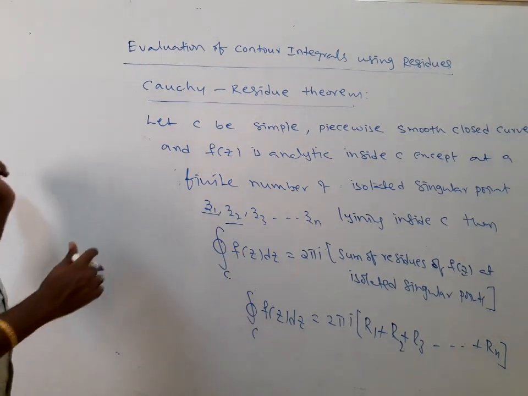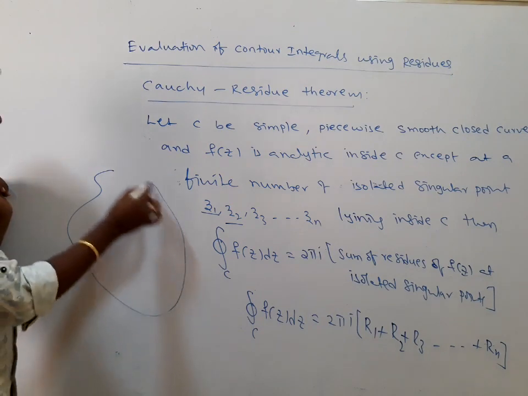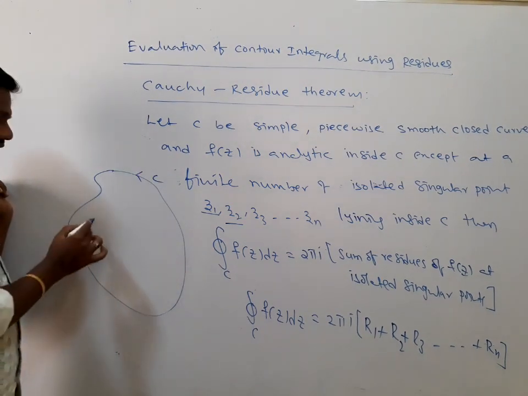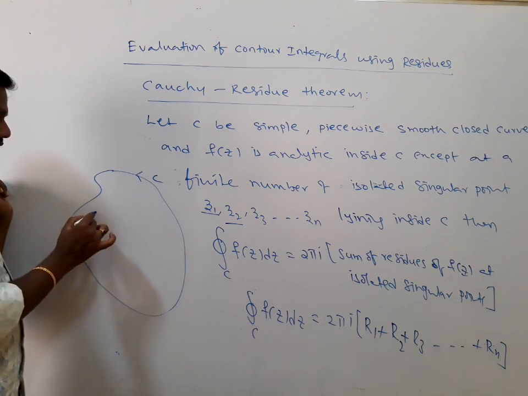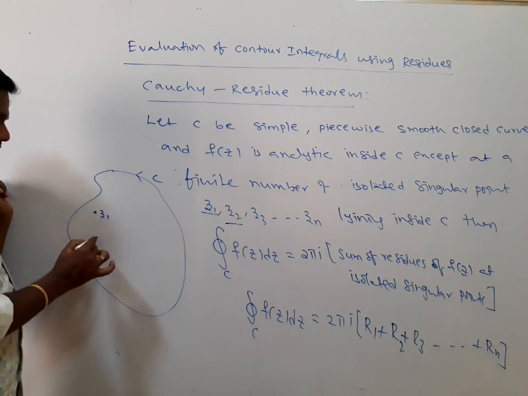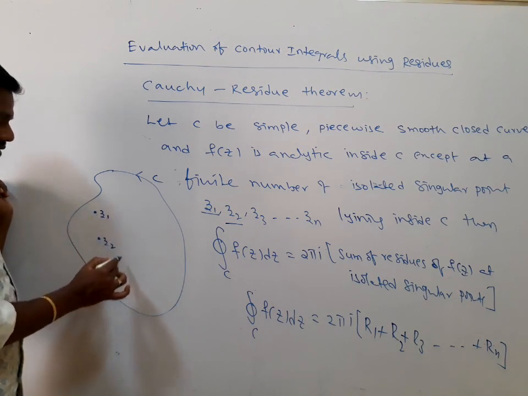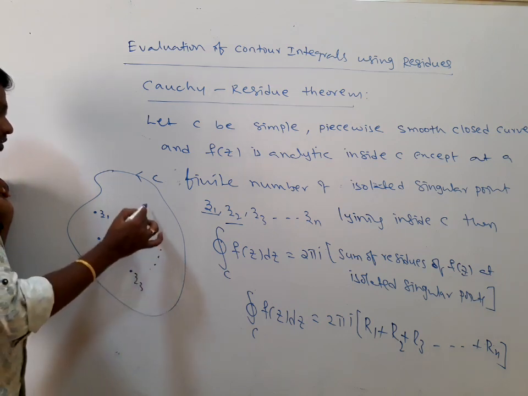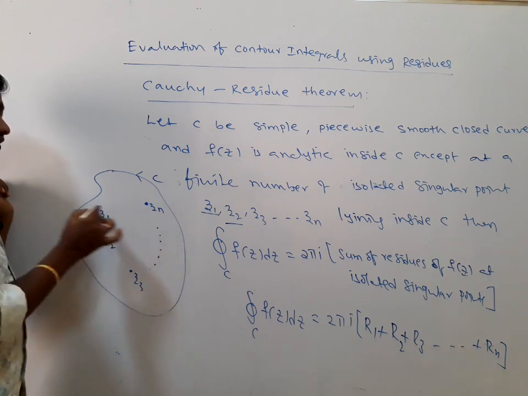That means, take this simple closed curve. f(z) is analytic except at these points: here it is z1, here z2, here z3, and so on, here zn.